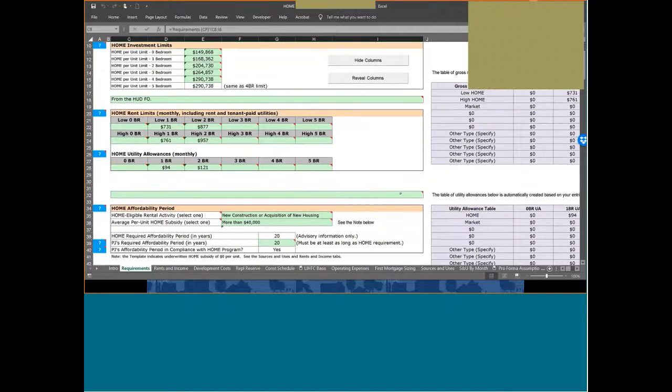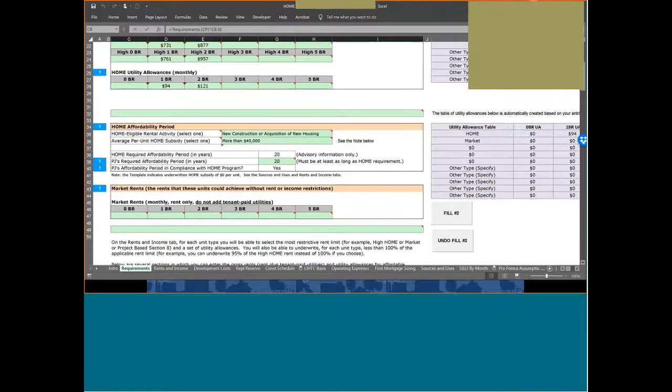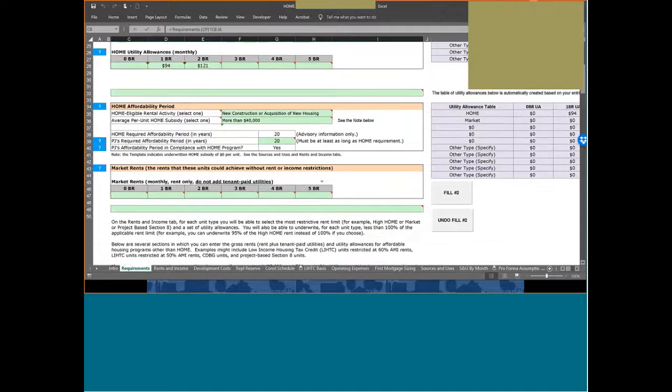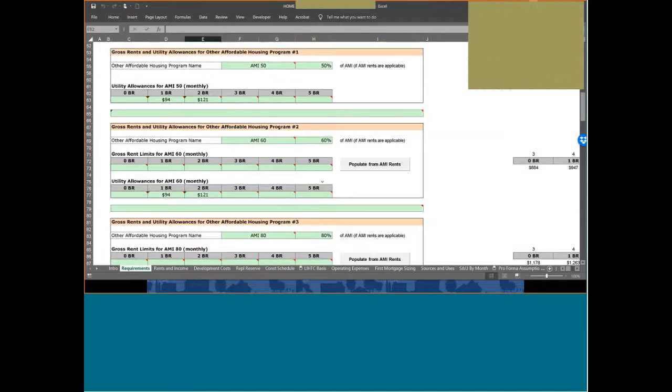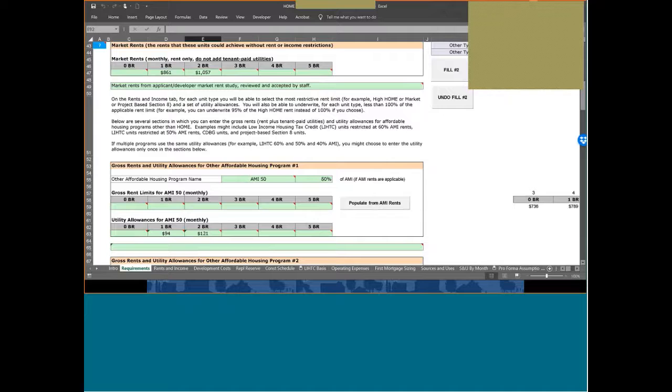And we can go down further and complete some more information. In this case, we've input the market rents that we got from the market rent study provided by the applicant developer, and that we've reviewed and accepted, and that is part of our documentary file on the transaction.